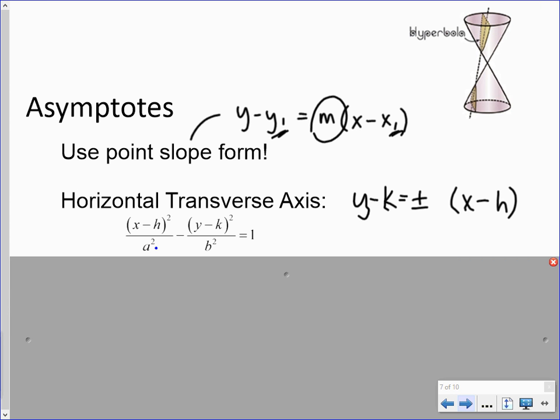You count up and down B because it's paired with Y's. Okay, so here I know that I would rise B units and I would run A units. So if I think about my rise over run, it would be B over A.